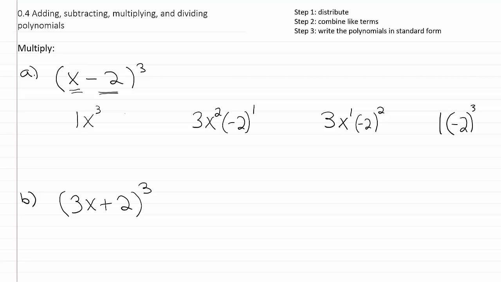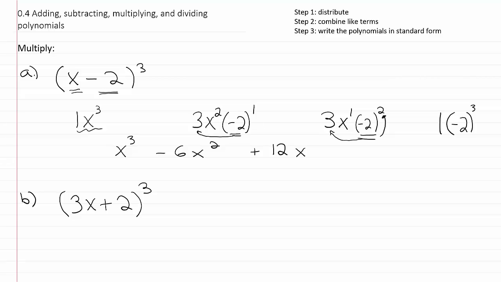So 1x to the third is just x to the third. Now this is negative 2 to the 1 power. That's just negative 2, right? So negative 2 to the 1 power is just negative 2, which will be multiplied by the 3 to give us minus 6x squared for that term. Now here you have to be careful. The negative 2 squared is going to mean that it becomes a positive 4, and then 4 times 3 is simply positive 12, and you'll have an x to the 1 power, or just an x.